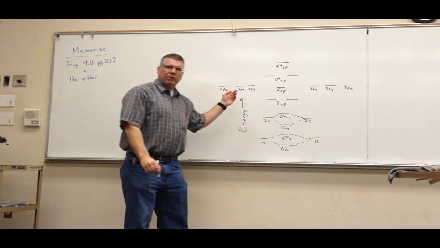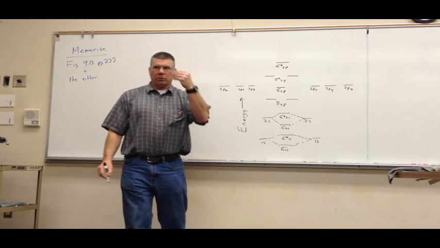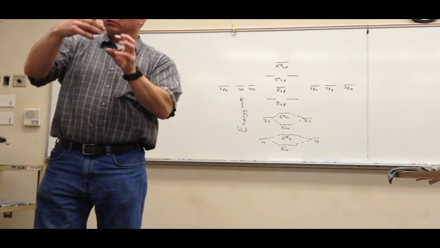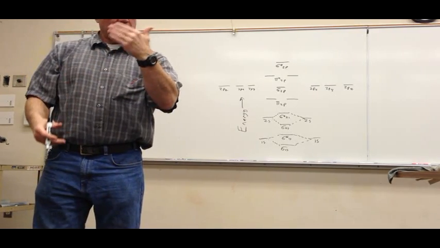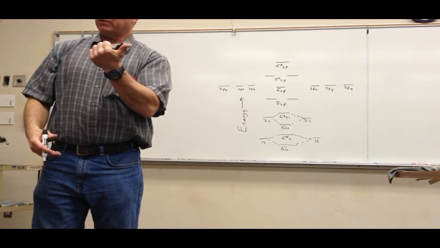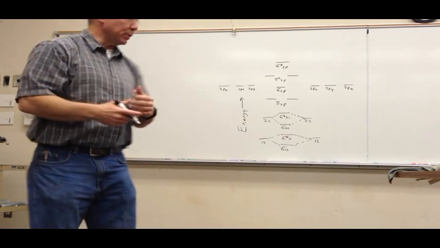You guys remember what I'm talking about when I say 2px, 2py, 2pz? Remember that the 2p atomic orbitals are all perpendicular to each other. If you impose a Cartesian coordinate system on the atom, one is along the x-axis, one along the y-axis, and one along the z-axis. That's what those are.